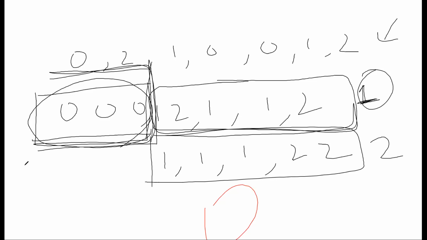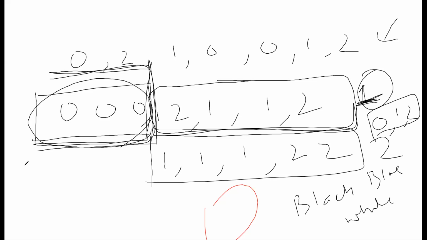No, I'm saying to select 1 because we know we have 0, 1 and 2. Let's not say 0, 1 and 2. Let's say black, blue and white. If I select the first one, I need to get reds on the left hand side. What is the next element there? Suppose it's white.